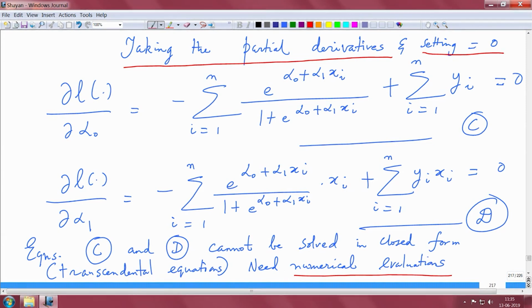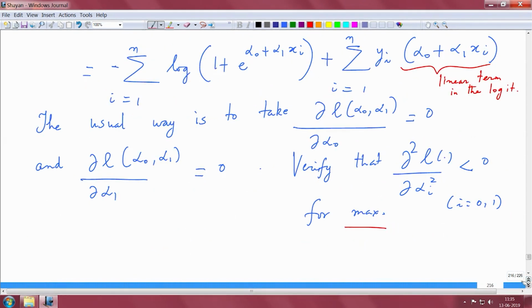The partial derivative of L with respect to alpha naught translates to this equation. The first term is a logarithm of a function, so you take the derivative with respect to alpha naught. You have 1 upon 1 plus e power alpha naught plus alpha 1 x i, and you have to take the derivative of e power alpha naught plus alpha 1 x i, and the coefficient sticking before alpha naught is 1.